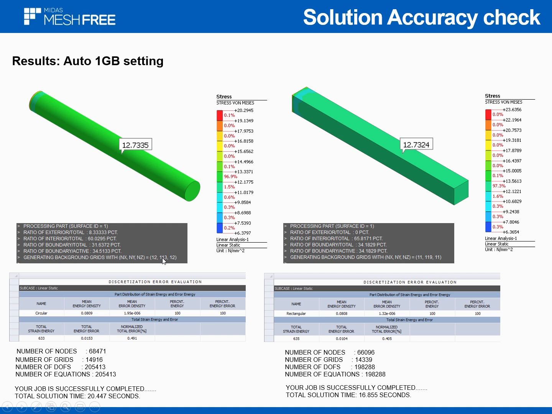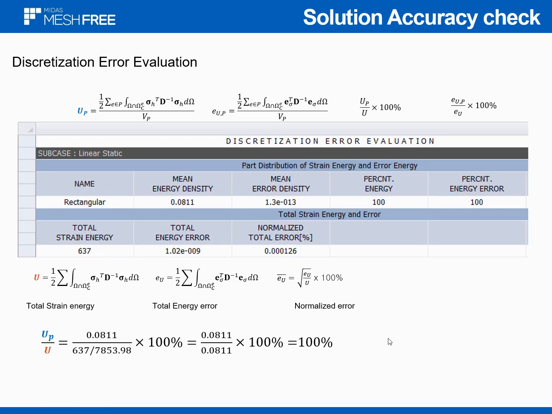You have to go to the left bottom corner of MeshFree and display this window, so you can find this information. As well, you can go to the folder where you stored your model and use a text editor to open the file, and you will get information about your model. The total error is approximately the same.